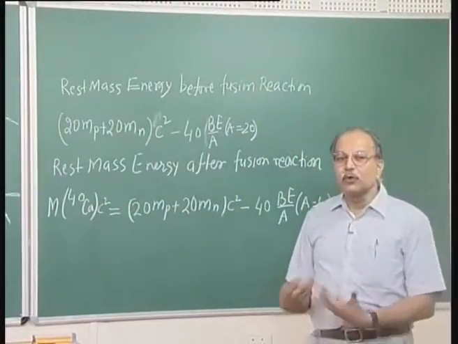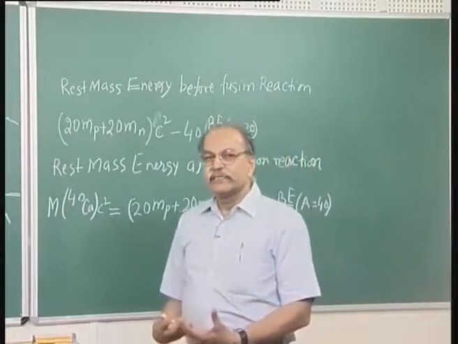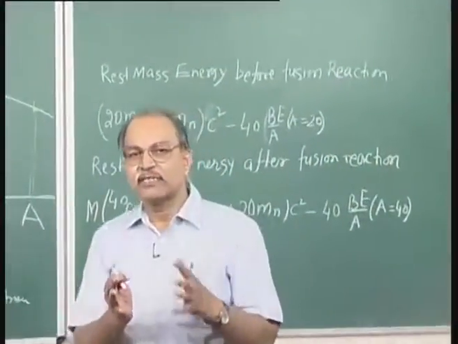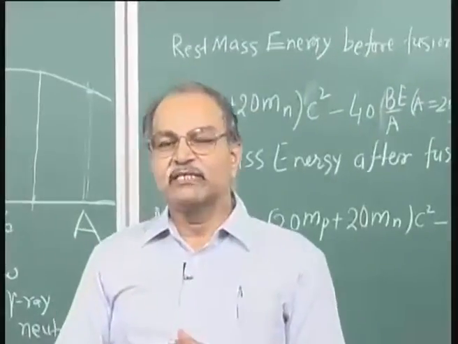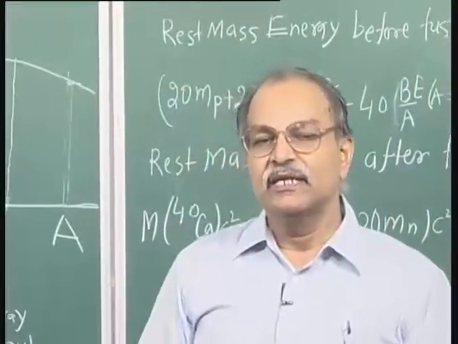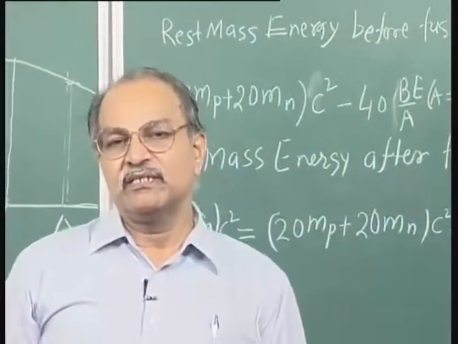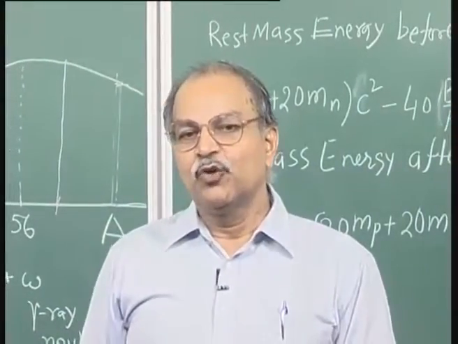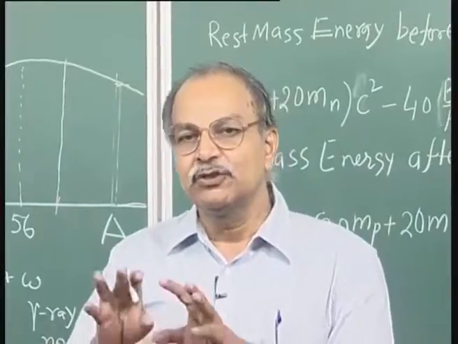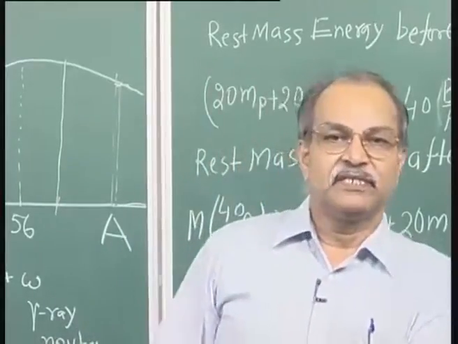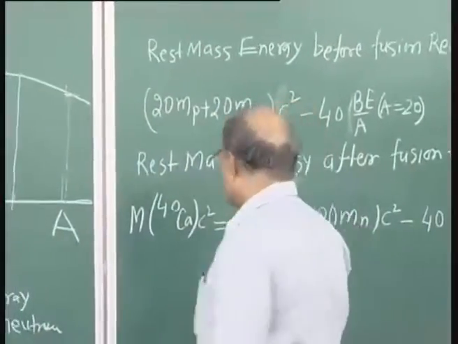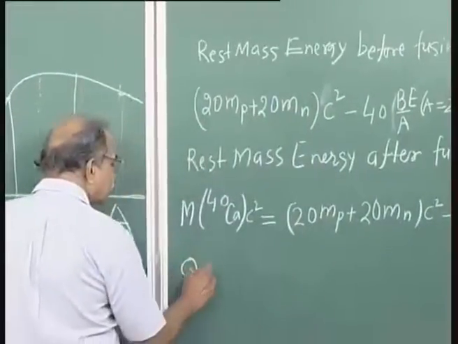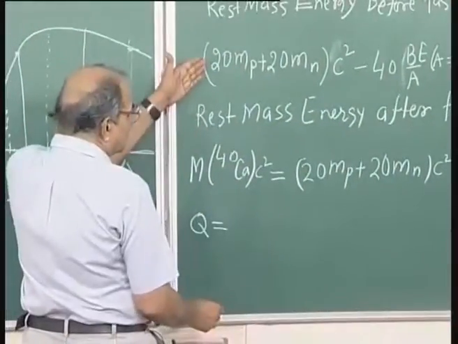So, what is the Q value? Q value is the initial rest mass energy, the rest mass energy before the nuclear reaction, minus the rest mass energy after the nuclear reaction. So, Q value is how much the rest mass is reduced because of this reaction. So, Q value is this minus this.